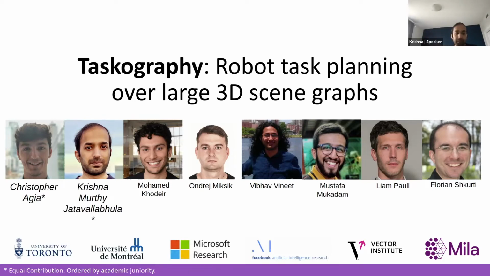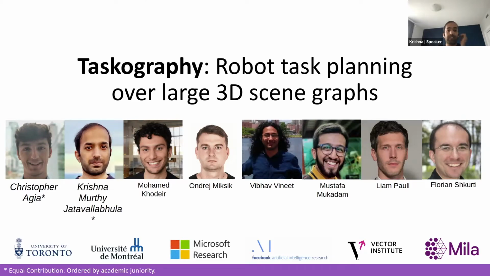So this work again was jointly led with Chris Agia. At the time, he was an undergrad at University of Toronto, but now he's recently started a PhD at Stanford. And there were a number of supporting collaborators that I'd like to mention.